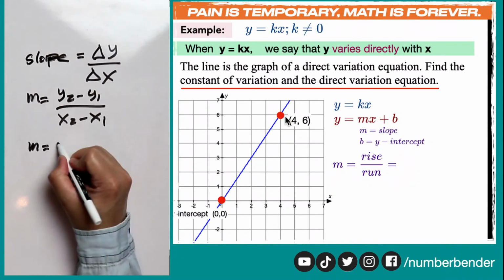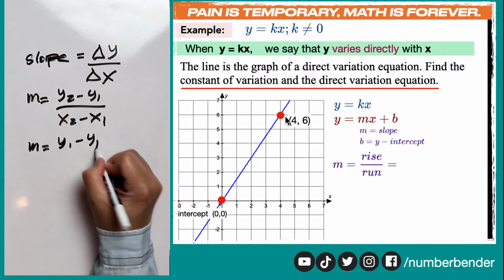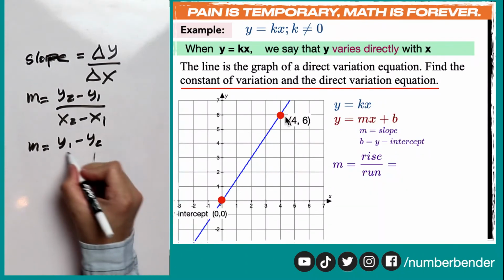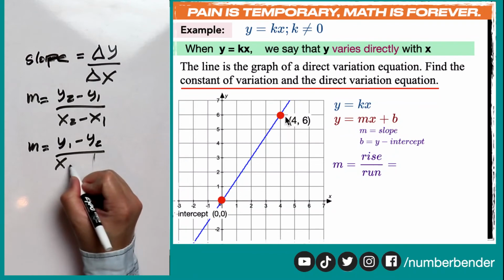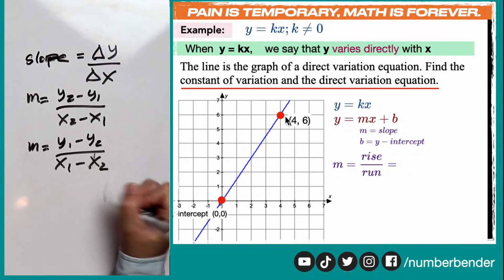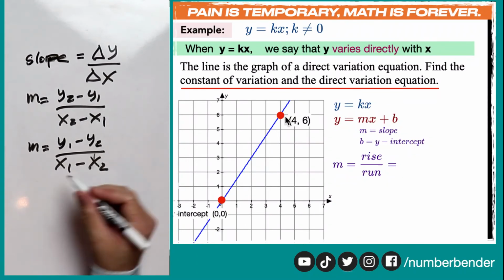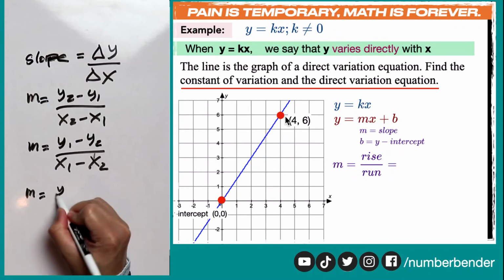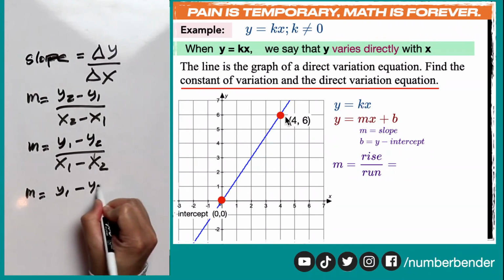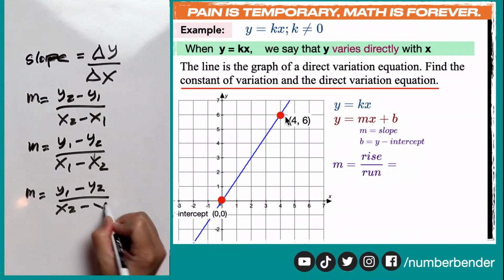Or we can also use y sub 1 minus y sub 2 all over x sub 1 minus x sub 2 as the formula for the slope. But you're not going to be able to find it by using y1 minus y2 over x2 minus x1.